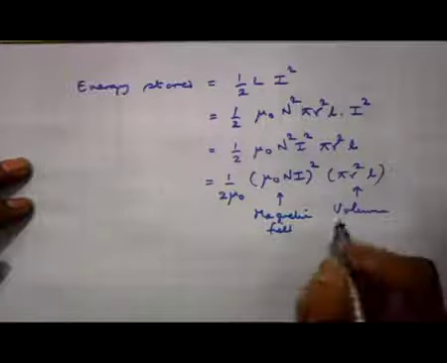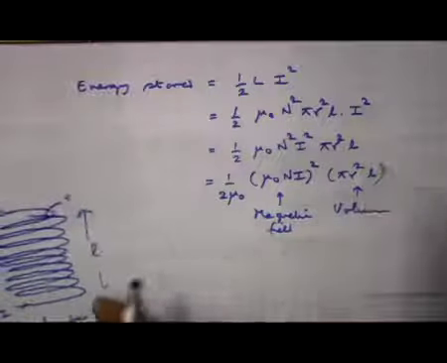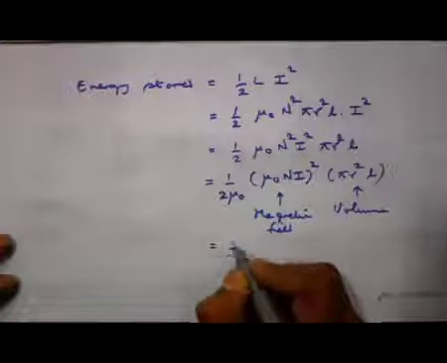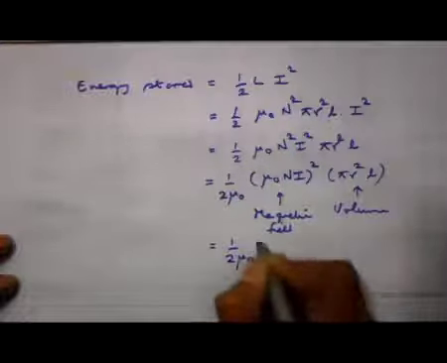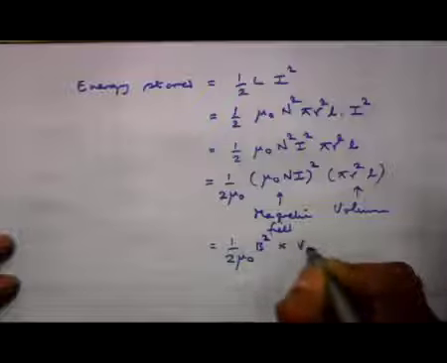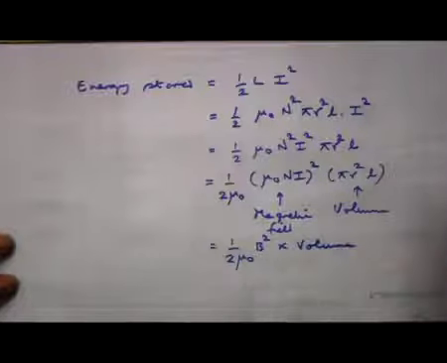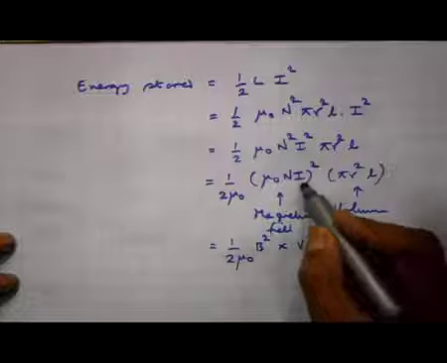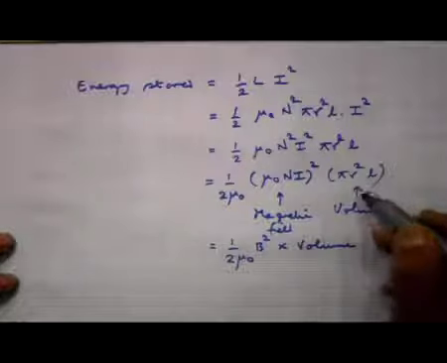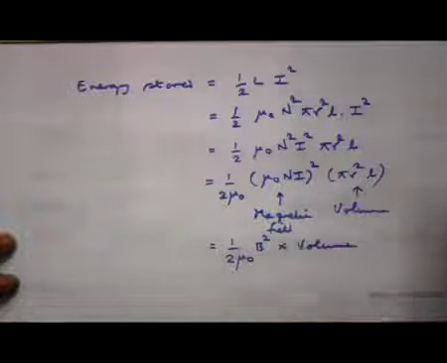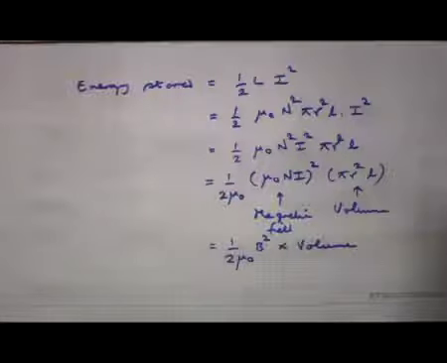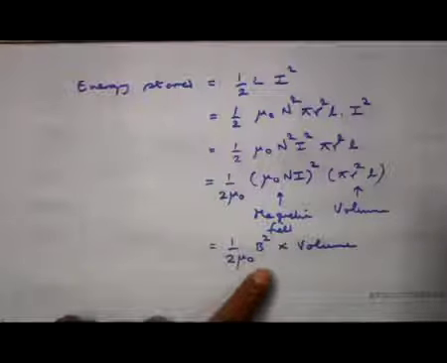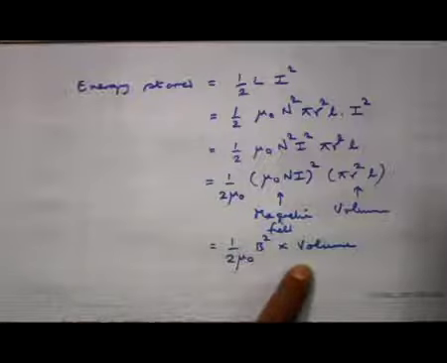and this is the magnetic field. So, I can say that this solenoid has so much energy stored in the magnetic field. So, let me write this as 1 by 2 mu naught B square into volume. This is B of the solenoid and this is the volume of the solenoid. So, I can write this energy stored, which I have calculated as half L I square, as 1 by 2 mu naught B square into volume.